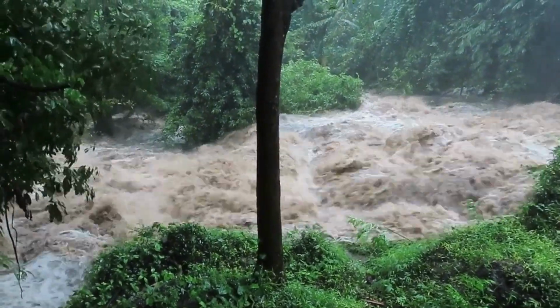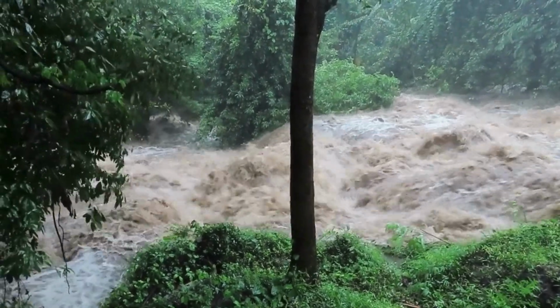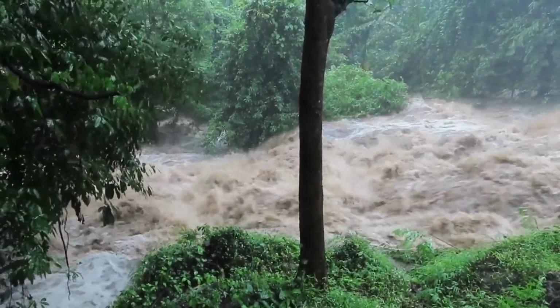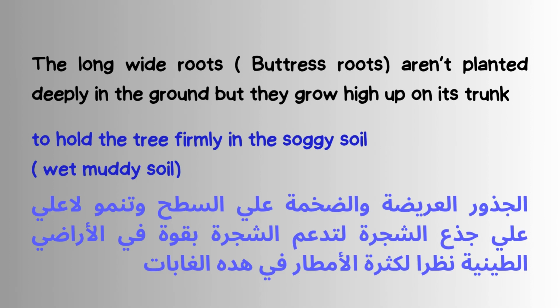Okay, and with these heavy rains all the time, the tree must be strong. So here, the roots grow up on the trunk to hold the trunk firmly against these heavy rains, okay. So this is the second structural adaptation.